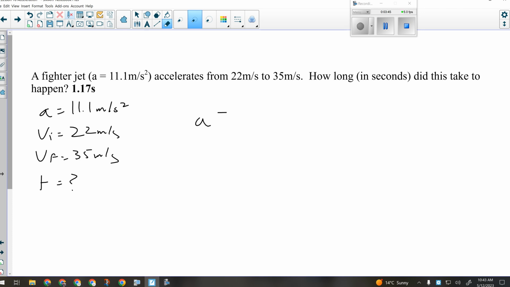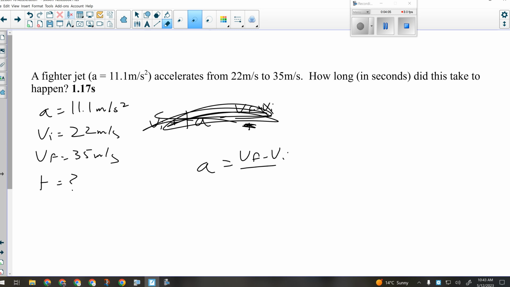So A equals VF minus VI over T. So we're going to multiply both sides by T, and then we're going to add VI to that. Whoop, sorry, we're looking for time. Forget what I said there. I went too far. We're just looking for time.